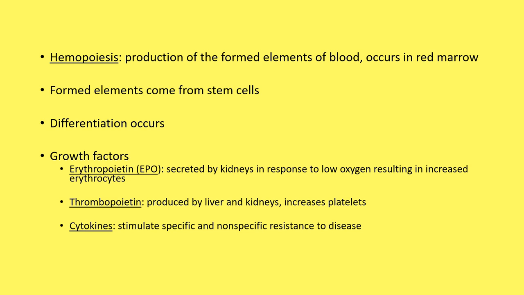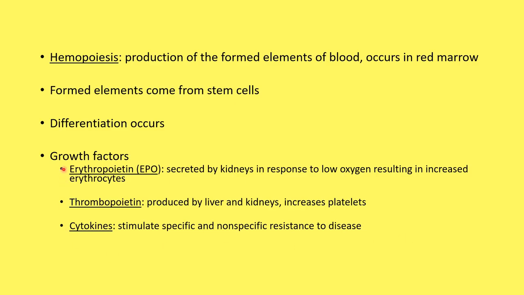Differentiation just refers to when they become specialized, so they all start from stem cells, and then they receive, it's kind of like receiving a message that, okay, you need to form this type of cell. Well, you need to become this type. That differentiation is when they specialize. So hemopoiesis is that process of forming the formed elements.